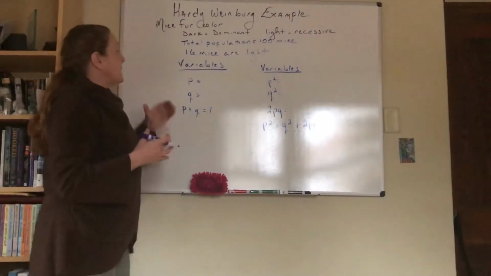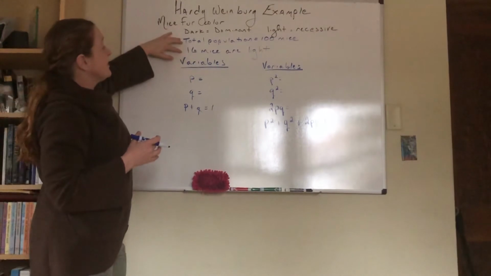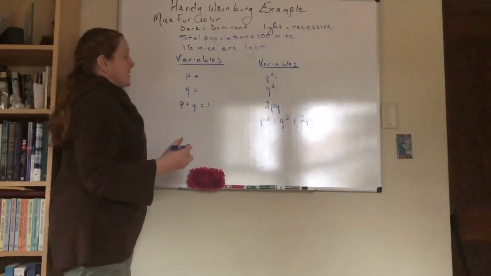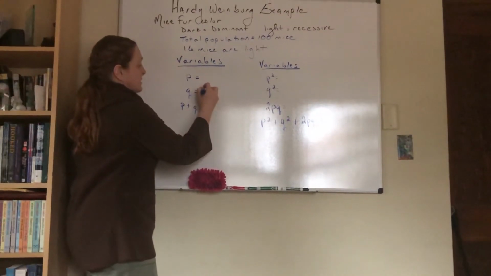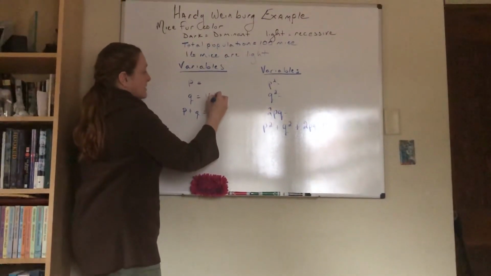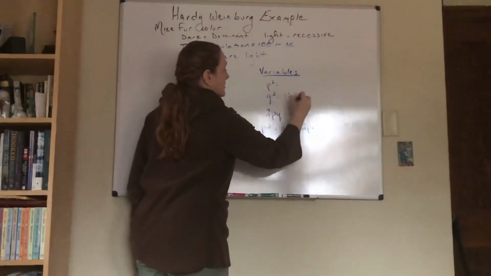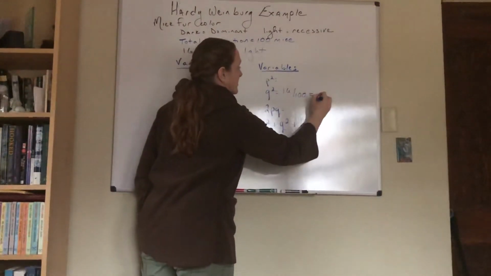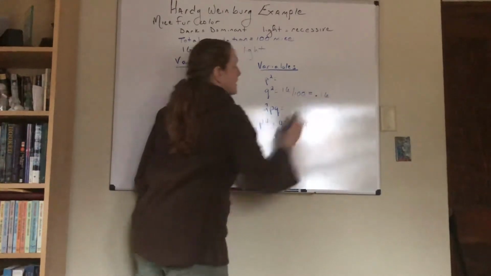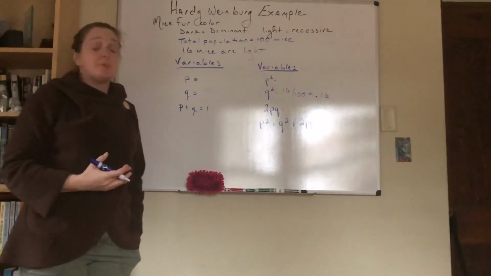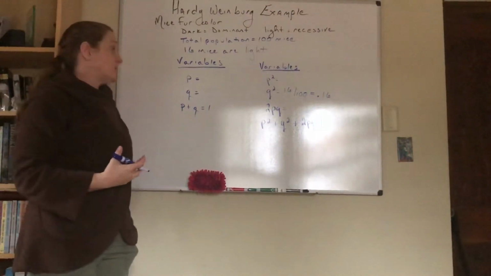So I've been given the information, or I've seen or observed the information, that 16 out of 100 mice in my population have that light coloration. So I started with the Q squared, or homozygous recessive genotype variable, to define.